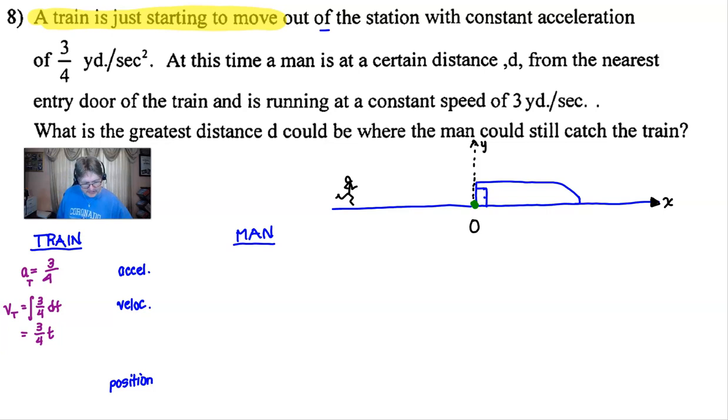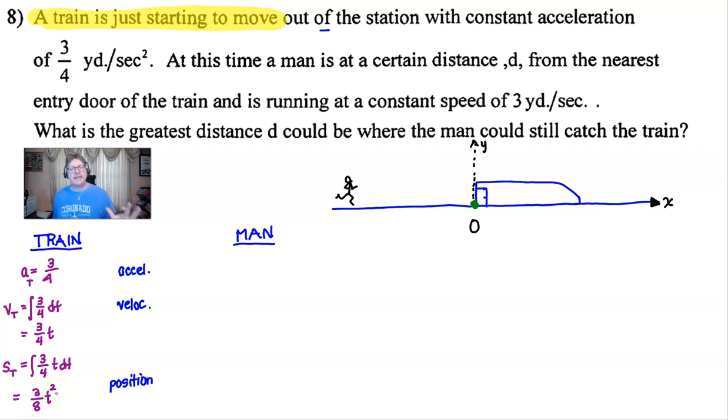And now we're going to do the same thing in order to find the position of the train, which I'm going to call S sub T. And we know that that is going to be the integration of the velocity with respect to t. And if we perform this integration, we would get 3/4 t squared over 2, or 3/8 t squared.